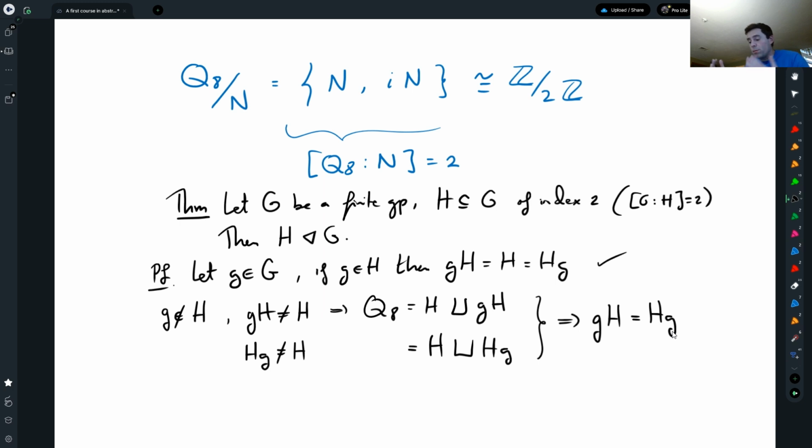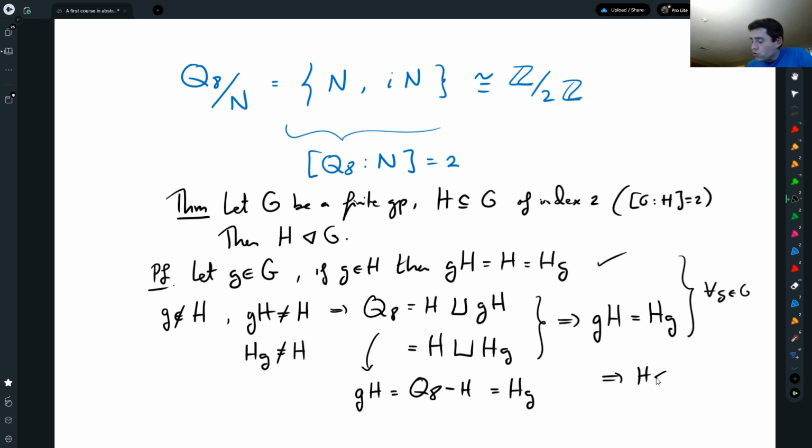The complements have to be the same, because this says in both ways that gH is G minus H, and the second line says that this is also Hg. But if this happens for all g in G, that implies that H is normal in G, which is what I wanted to prove.